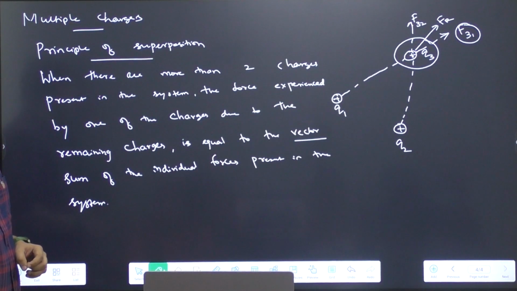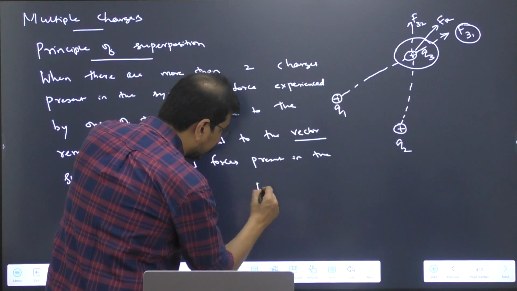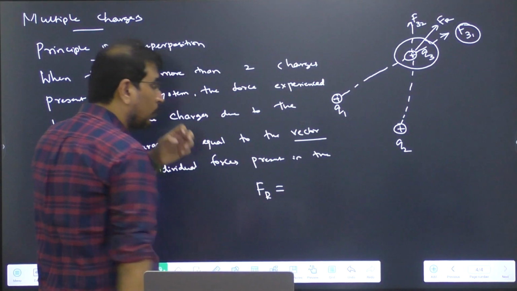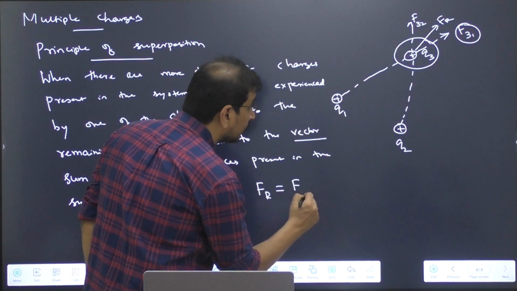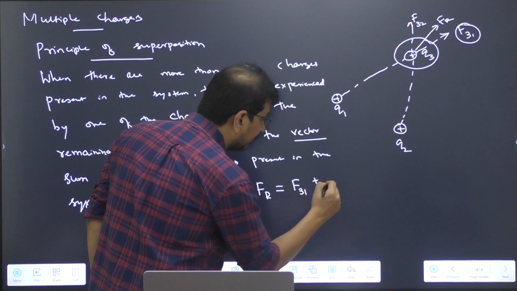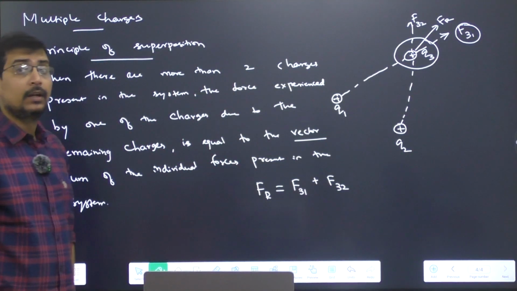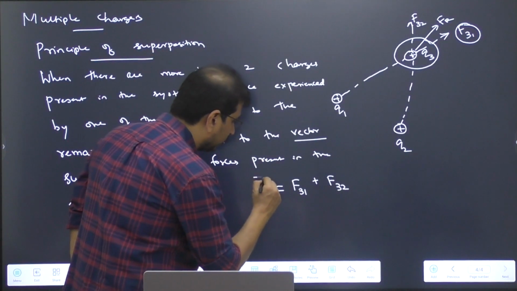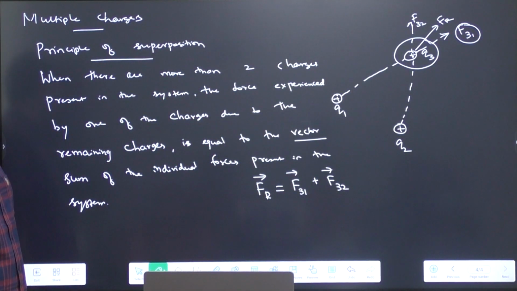Make sense? Right? So how do I write it mathematically? I can write it like this. Resultant force is equal to F31 plus F32. There is a mistake in this, corrected. I need to write it in vector form. So the vector sum is equal to the sum of the individual vector forces.